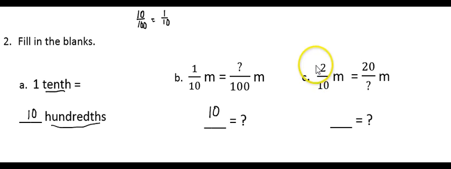And in the last question, we have 2/10ths of a meter is equal to 20 blank of a meter. Well, if 1/10 of a meter is 10/100ths of a meter, then 2/10ths of a meter would be 20/100ths of a meter. So my denominator of my fraction would be 100.